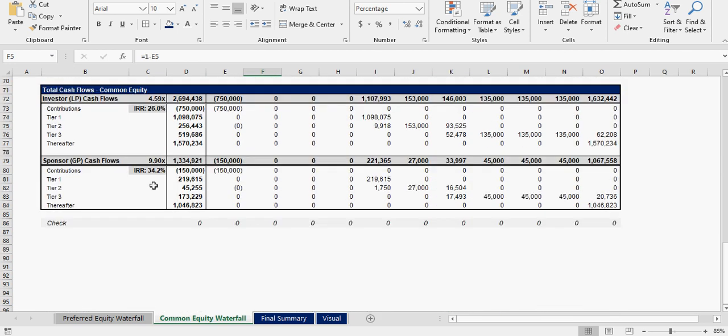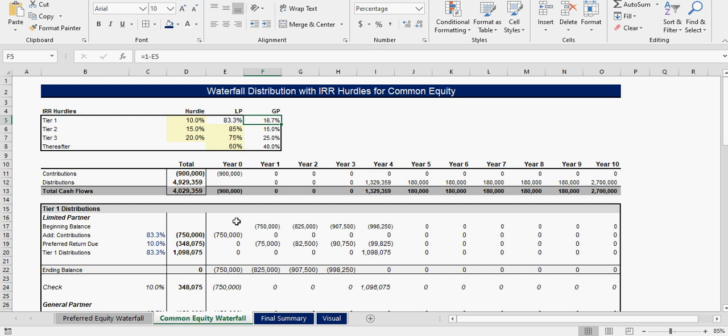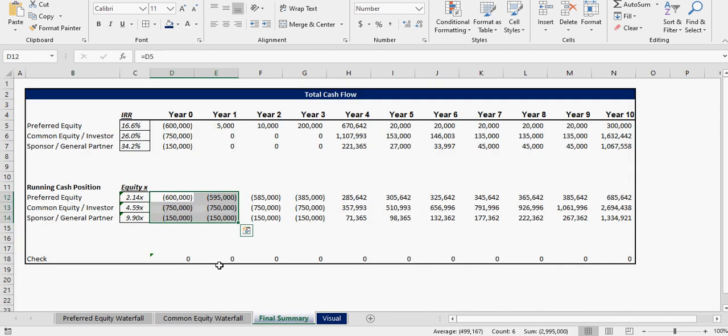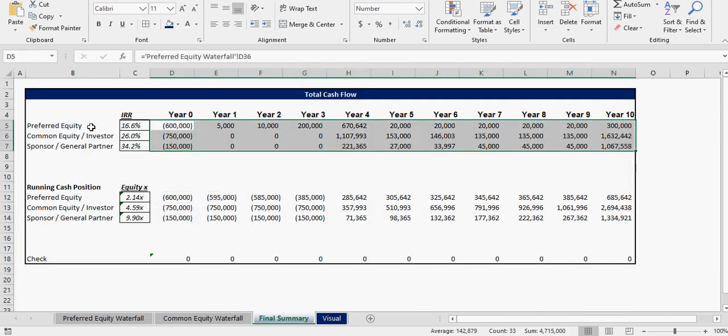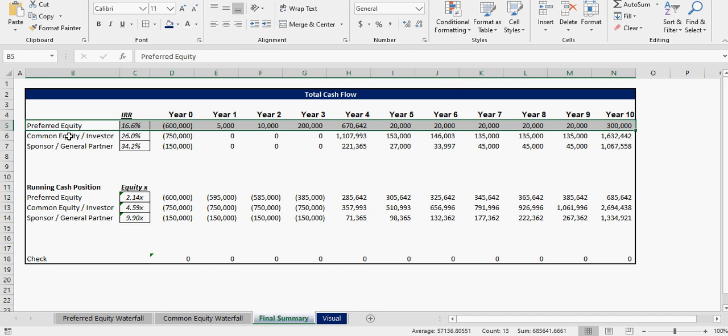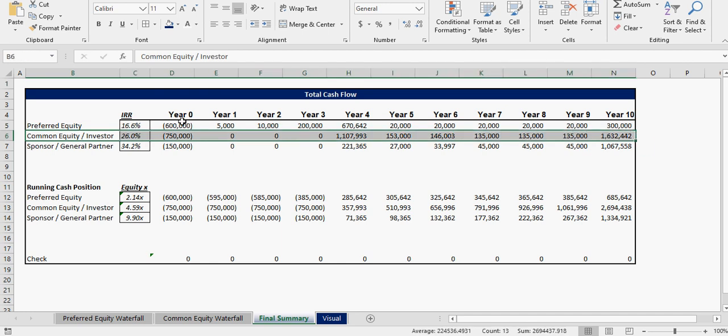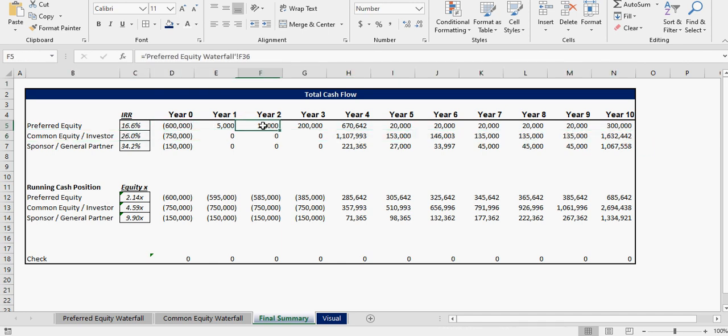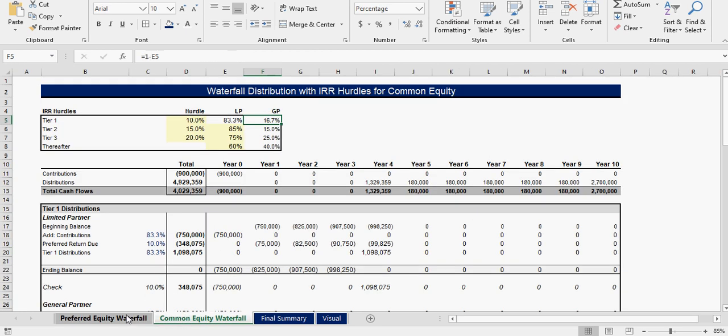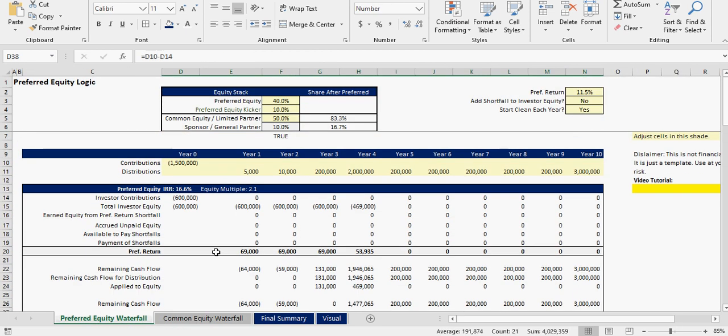But this has the most complex logic you would need, and you can simplify it if you want. And then obviously, again, the final summary shows each group and their total cash flows accounting for distributions and contributions each year. So I think that covers it all.